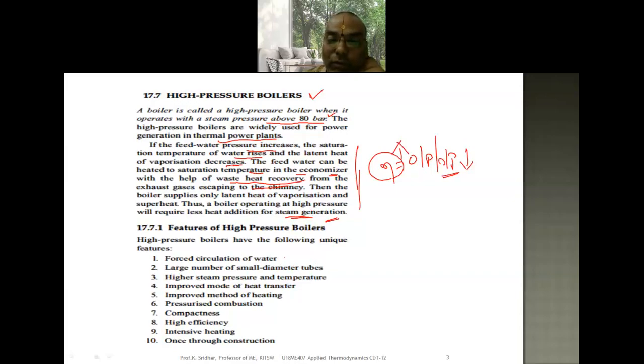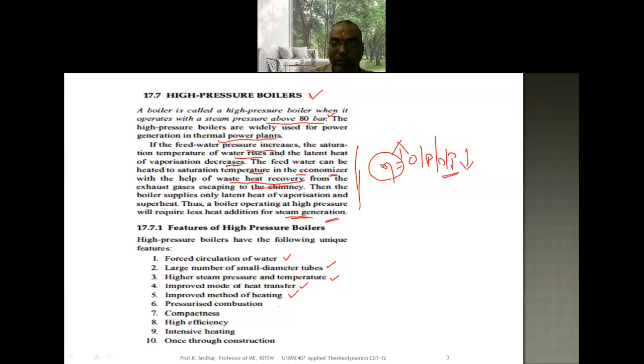These are forced circulation boilers normally, because we know that boilers are classified into natural circulation and forced circulation, but these are normally examples of forced circulation. Here we have a larger number of smaller diameter tubes, and you are able to generate higher steam pressures and temperatures. Automatically there is an improved mode of heat transfer, because of which the efficiency will be high.